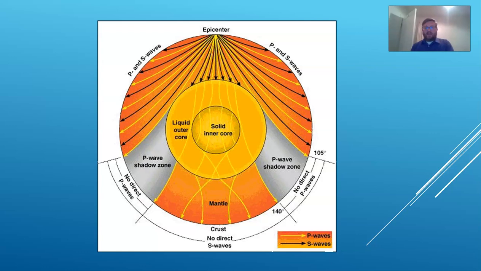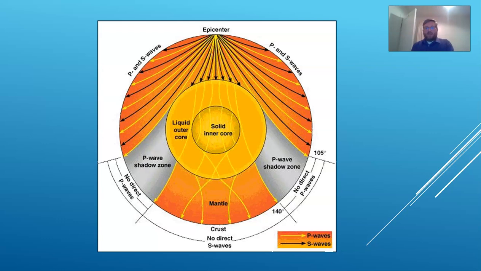On this diagram, you see seismic waves spreading out from the epicenter of this earthquake, and they're traveling not just across the surface of the Earth, but the P and S waves are traveling downward through the Earth. They go through the Earth and come out somewhere on the surface elsewhere, and they can be detected by seismographs in other parts of the Earth.